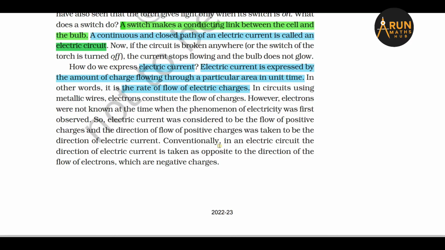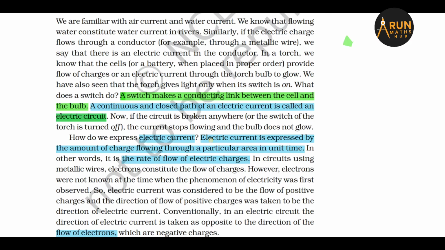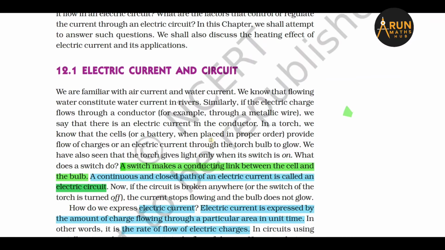Now, what is the conventional direction of electric current? It is the direction taken for electric current, opposite to the flow of electrons. So these are the important questions you can get in page 1 of unit electricity.